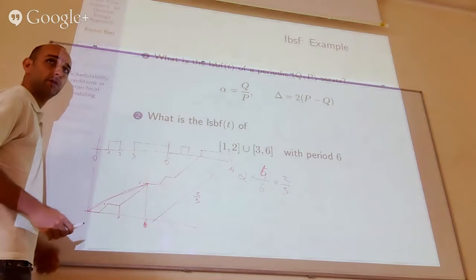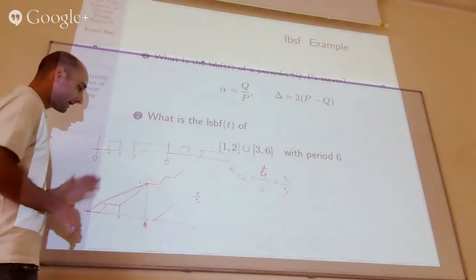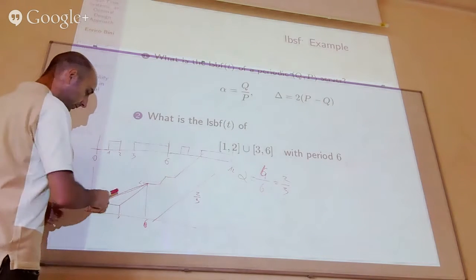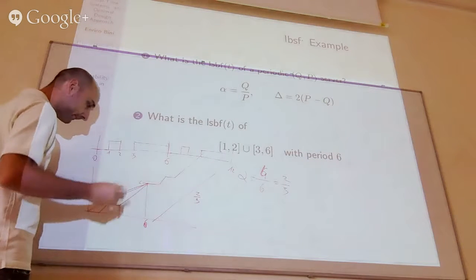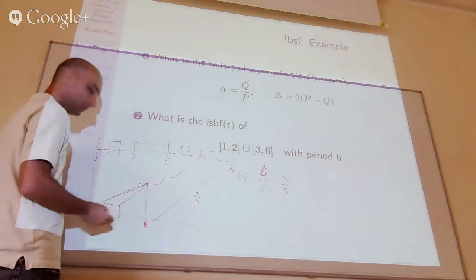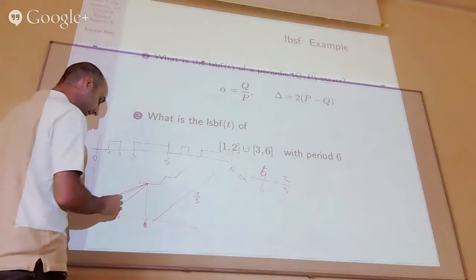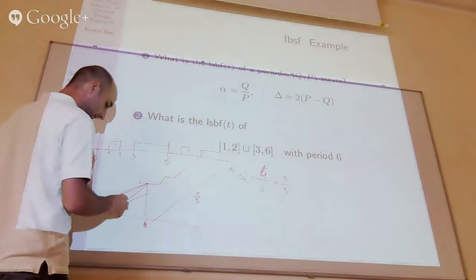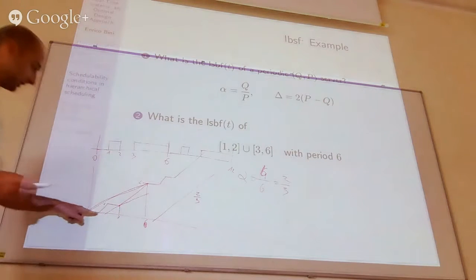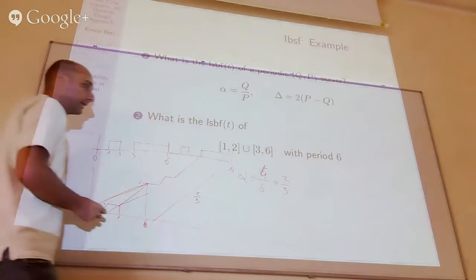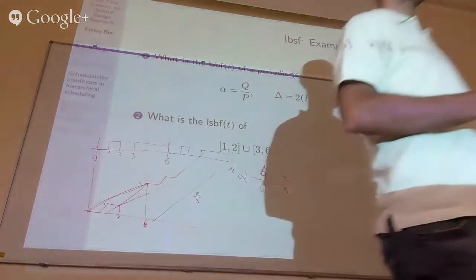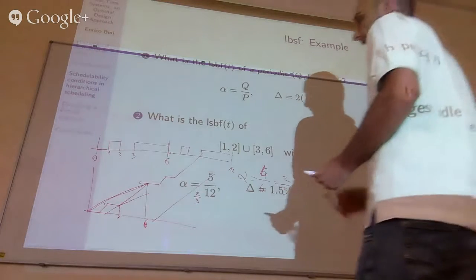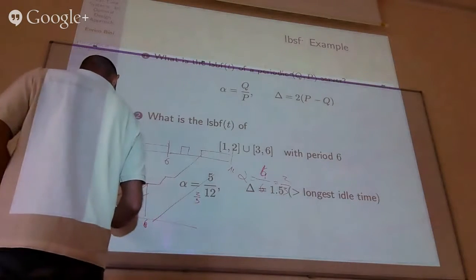It's not a lower bound. Ah, okay. I was just drawing a line which has a slope of 2 over 3. Then you have to put this line in a way that is always below. If you do the math, you will find out that this line has to go through this point and will not touch this point. And I think we get delta equal to 1.5.